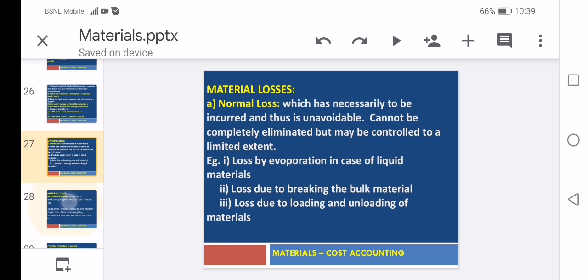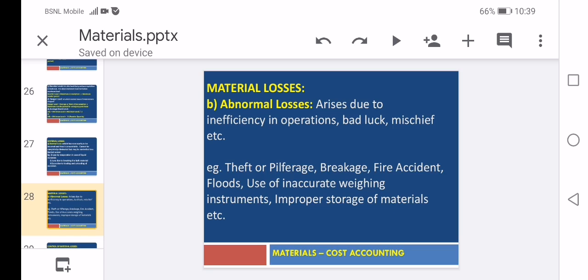Similar to normal loss, you have abnormal loss in the materials, which arises due to inefficiency of operations or mischief nature of human being, or sometimes bad luck. Means much part of the abnormal loss is due to human error in the form of poor management of operations or mischief nature of human being.